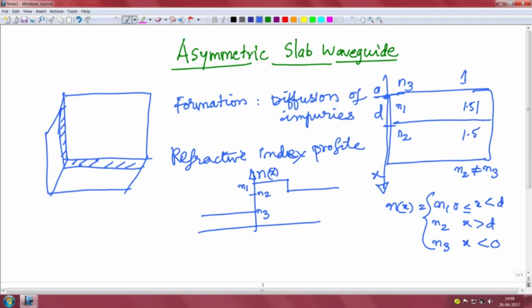It has many interesting features, like the cutoff of the modes, where the light is not guided beyond a certain wavelength. The analysis is a straightforward extension of that of the symmetric slab waveguide, and we shall consider a scalar approach, as we did earlier, and solve for the modes of this structure and the expression for the propagation constant.